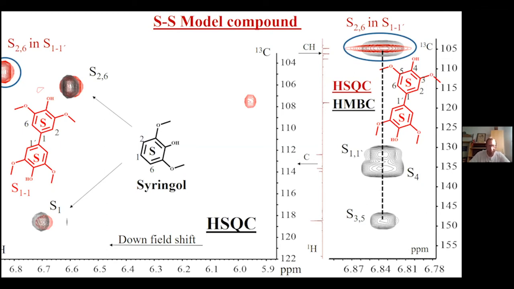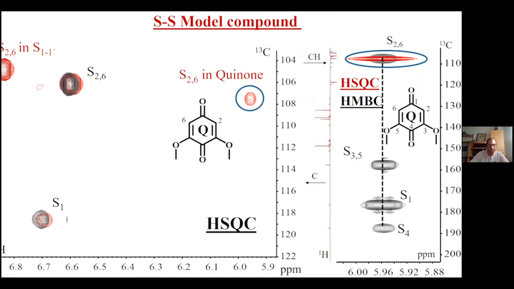In addition, we have detected for the first time a cross-peak proton-carbon correlation at a high proton field, which has been assigned to the protonated carbon position 2,6 of the para-benzoquinone.